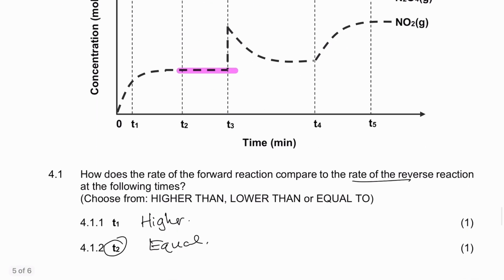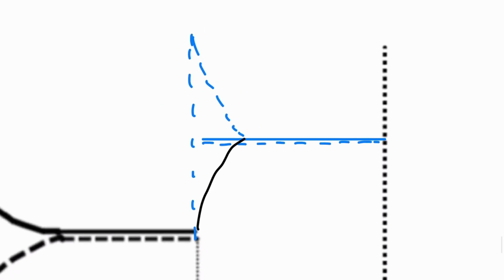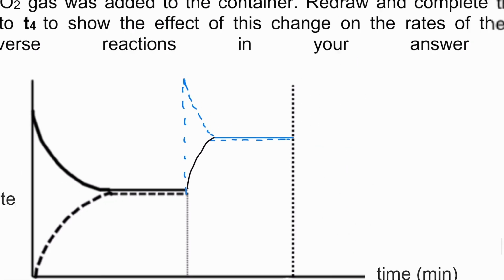Now the reverse reaction is represented by this dotted line. So if the reverse reaction is favored, remember, the one that's favored will increase more. So the dotted line will actually spike up like this, and then it will come down. Whereas the solid line is just going to curve to the new equilibrium. I just need to clear this up. And that's our answer.